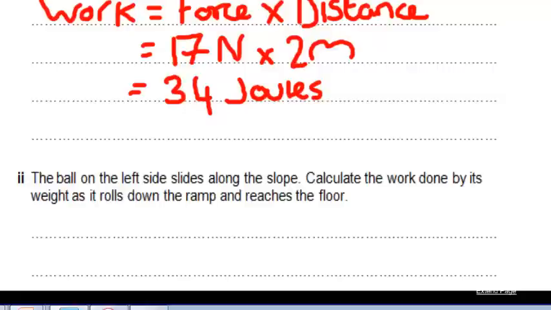Regardless of how far it actually slides down here, the energy transferred is going to be to do with its vertical height. Nothing to do with the distance it actually slides along that way, because gravity, as you know, acts down. So therefore the work is actually in the vertical direction.